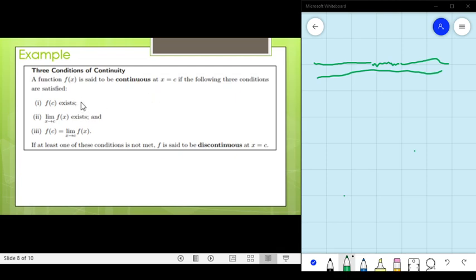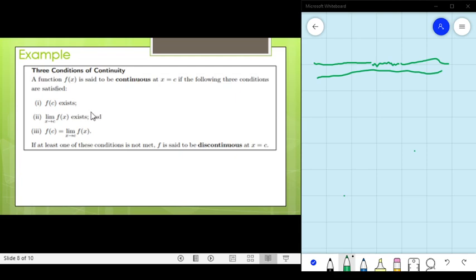So, how do we do this? To test whether f of c exists, we substitute the x in the given function with c. After that, you are going to find the limit of f of x as x approaches c from the left and from the right.